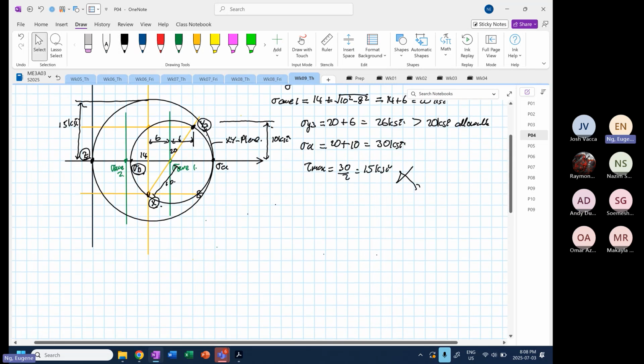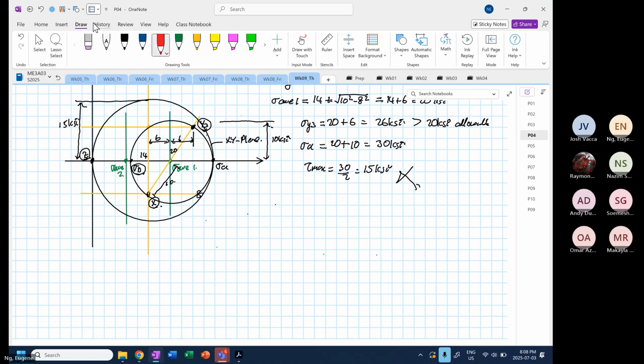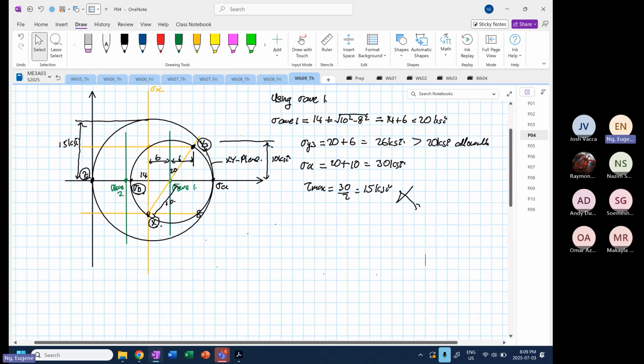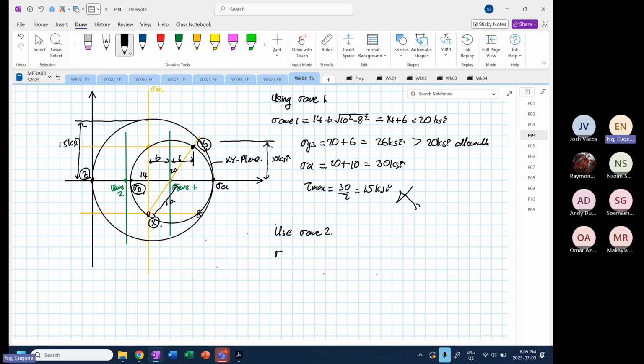So now the other possibility is when we draw the other circle, when we use stress average 2. Stress average 2 is equal to 14 minus 6.